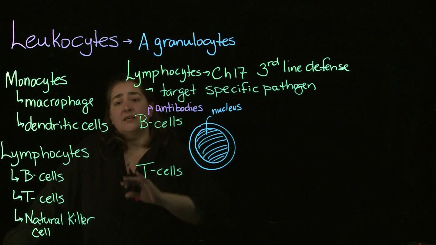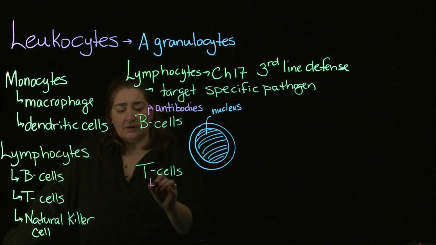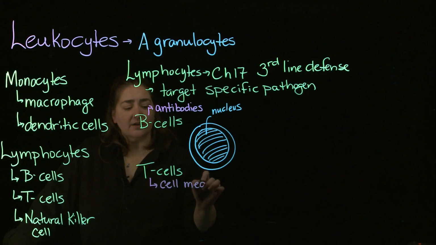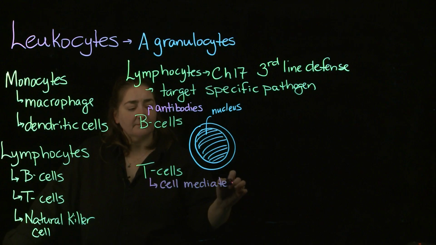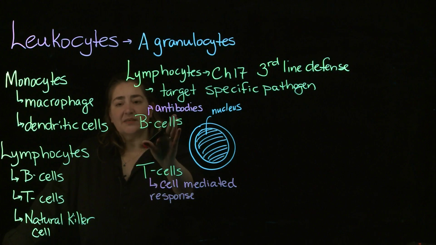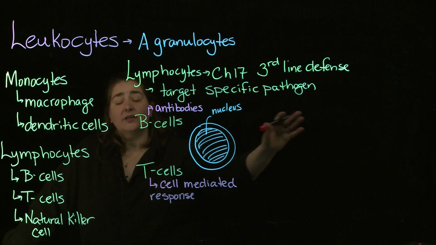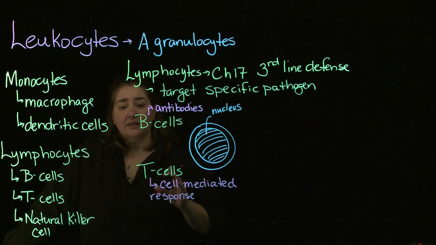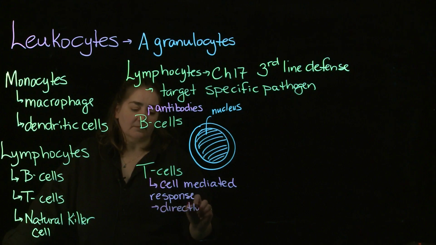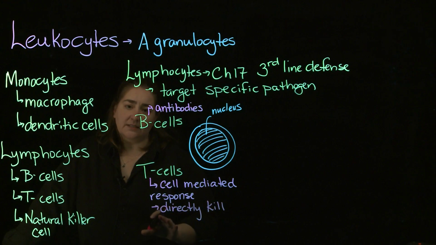It's going to be mediated via antibodies. T cells are a cell-mediated response. Really what that means difference-wise is that B cells secrete something that will end up ultimately killing the pathogen. The T cells are going to directly kill the infected cell.